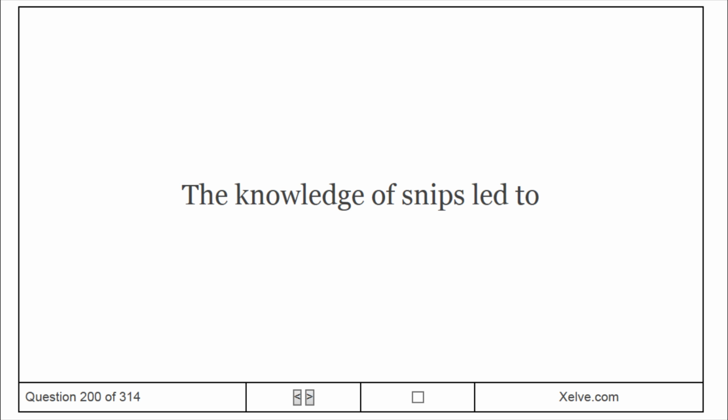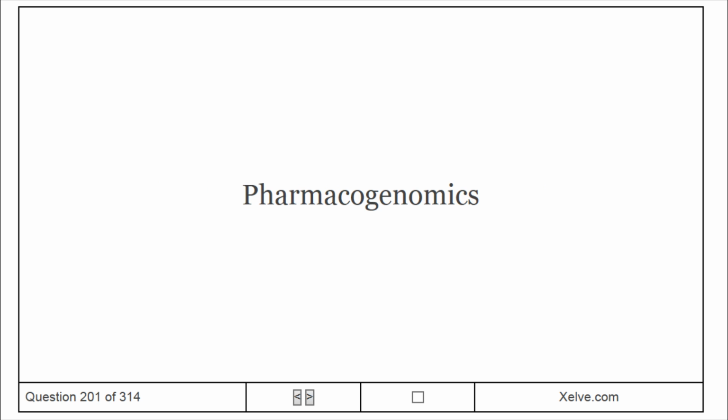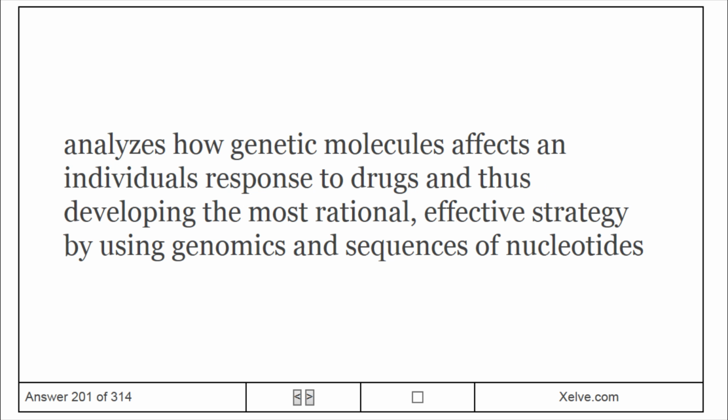The knowledge of SNPs led to the development of pharmacogenomics. Pharmacogenomics analyzes how genetic molecules affect an individual's response to drugs, thus developing the most rational, effective strategy by using genomics and sequences of nucleotides.